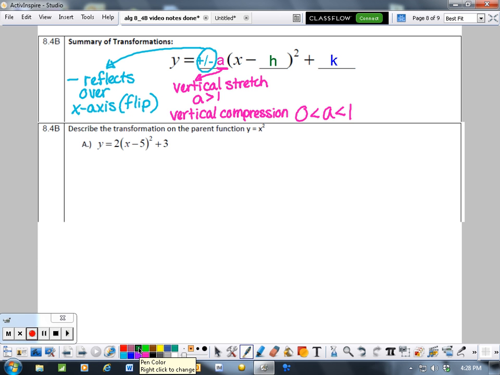Now this H is going to be our horizontal shift. It's our X value. It moves X side to side just like our X. So this is a horizontal shift, which is right or left.